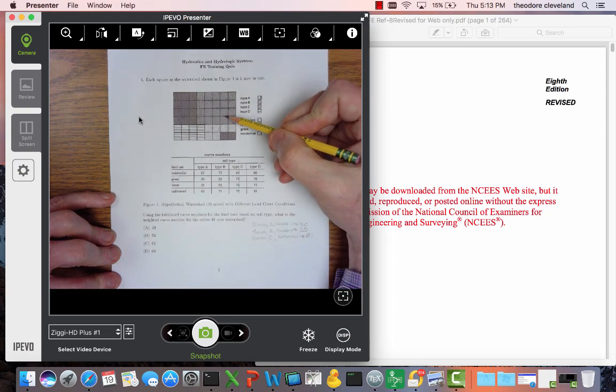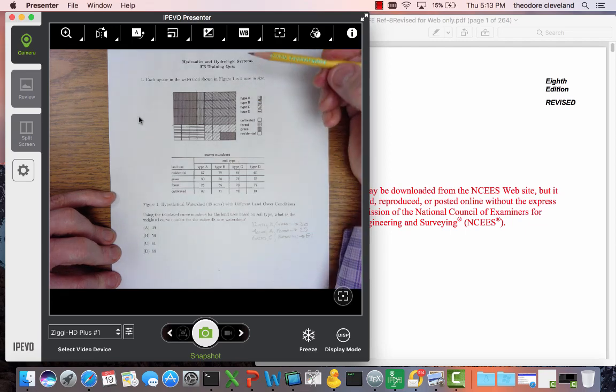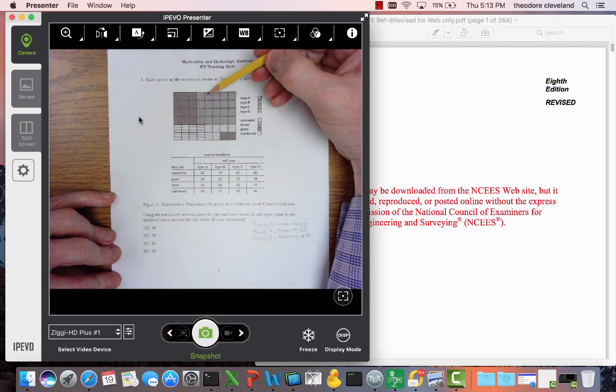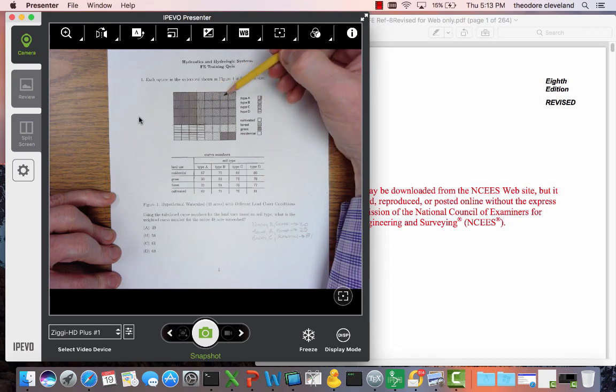Notice the hatching in these areas changes. It's a little tricky on the eye. But we have this horizontal cross hatching here, 1, 2, 3 by 1, 2, 3, 4.